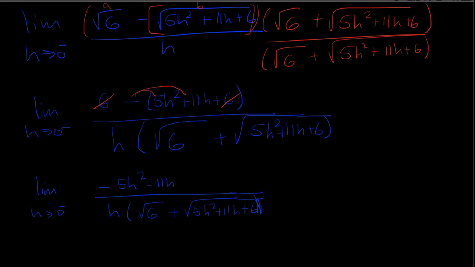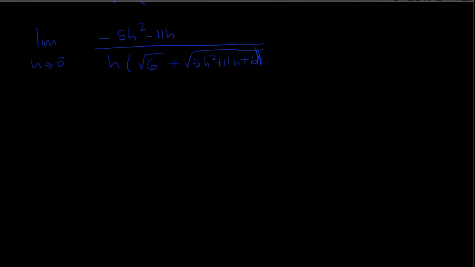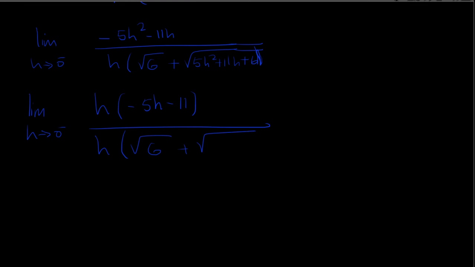At the top now I can factor out an h. So I'm left with h times negative 5h minus 11. And at the bottom I still have the h factored out. So I can cancel out the h now.